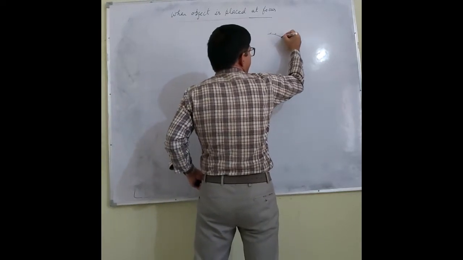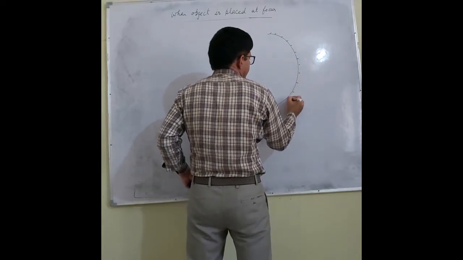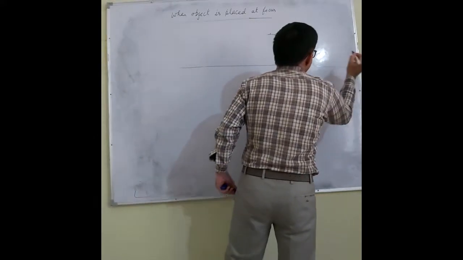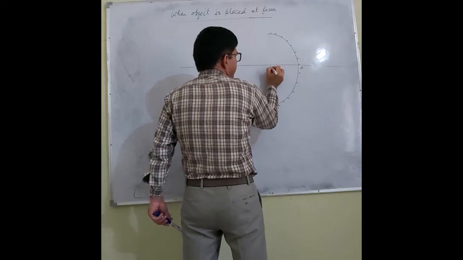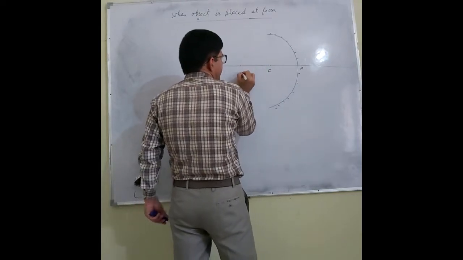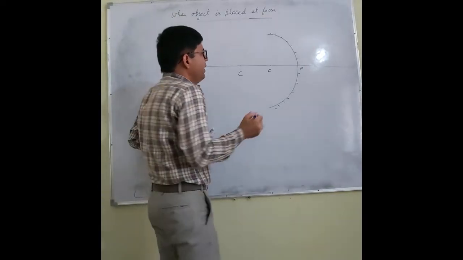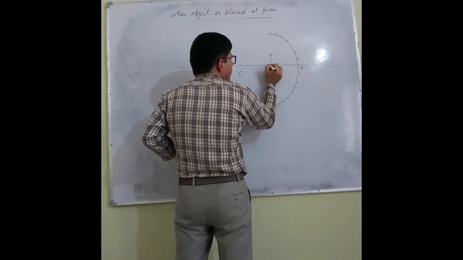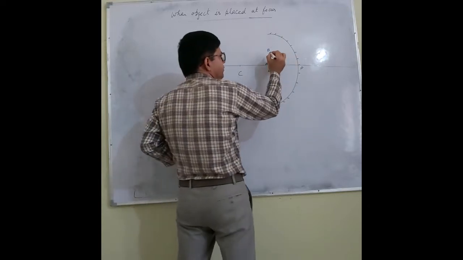To make it a mirror, let us polish it. And what is this line? Principal axis. This point is P. Again 3 centimeters F, further 3 centimeters take C. Now, when the object is placed at focus, let AB be the object. This object is placed on focus.